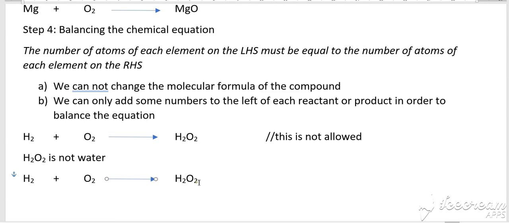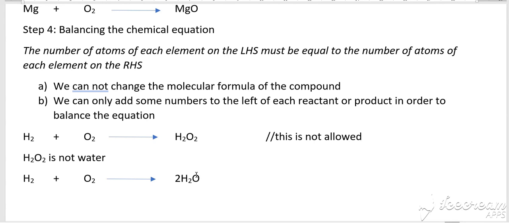First I'll remove this. Now here I can put 2. If I put 2 over here, then the number of oxygen atoms, this 2 is applicable for the entire molecule. So writing this 2 makes the number of oxygen atoms in this molecule equal to 2.